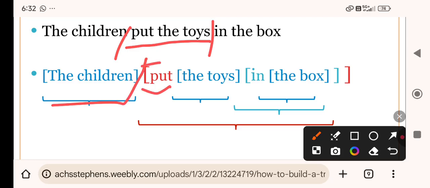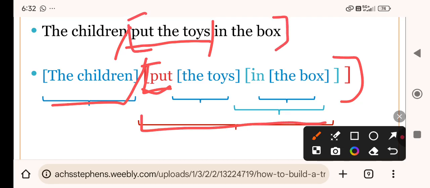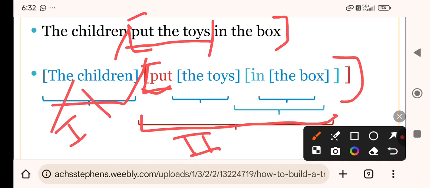Then from 'put' to the end, this to this. So the first segment is this one, the second is this one. Now this is 'the children': 'the' is a determiner and 'children' is a noun. Now 'put': remove the 'put', and that's a verb phrase.